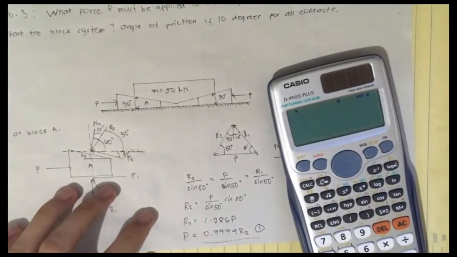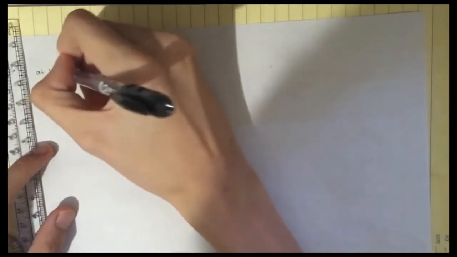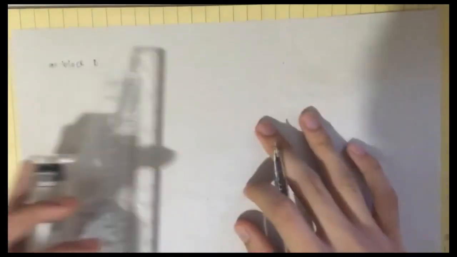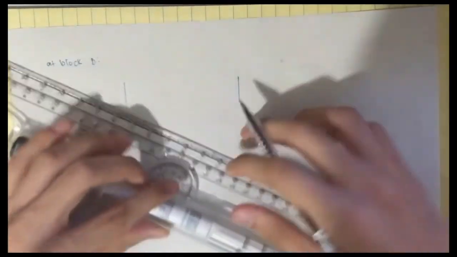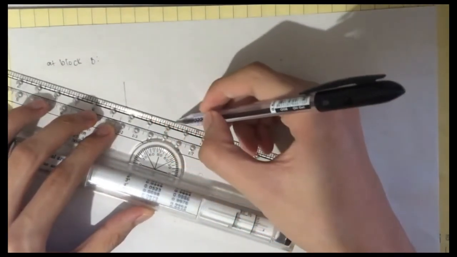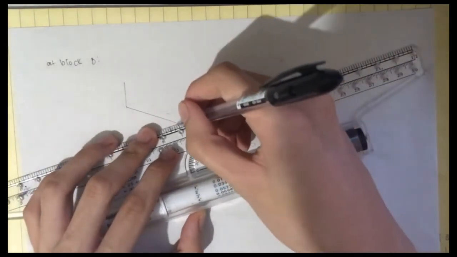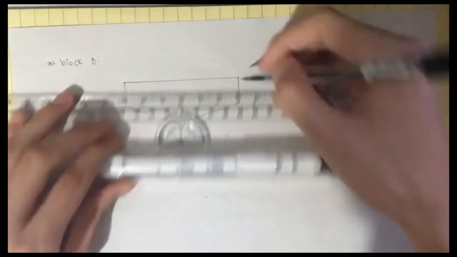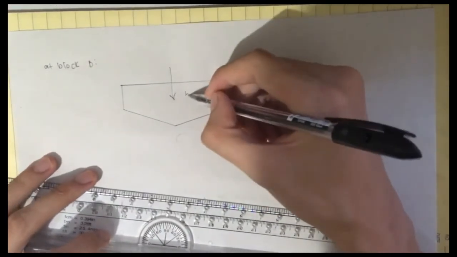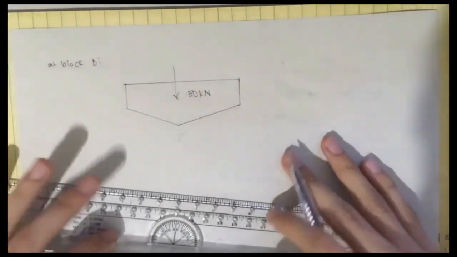So for block B, I will do it on another paper. I will draw block B. I'm drawing this block for reference. This weighs 50 kilonewton.